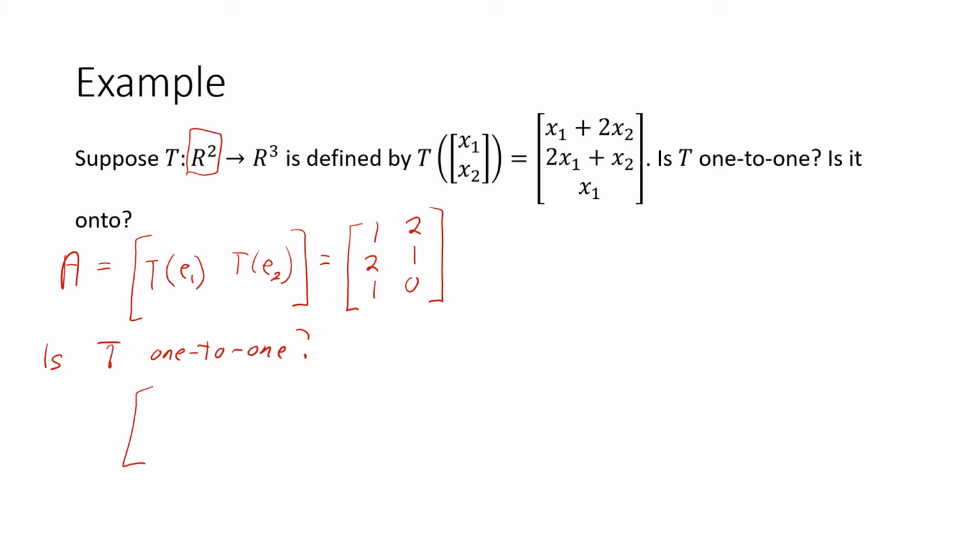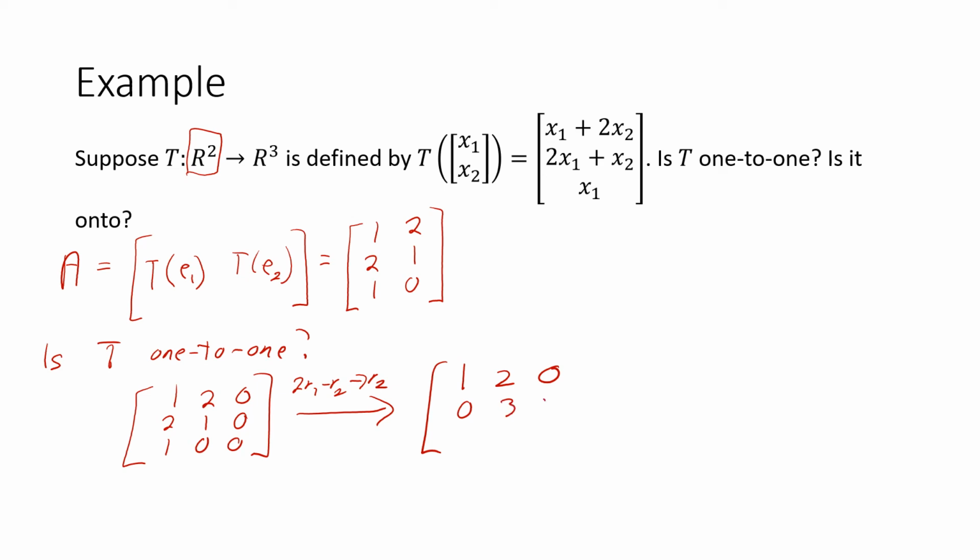In other words, I'm saying, can I combine these columns to get 0 without using all zeros? Row reduce. So I take 2 row 1 minus row 2 is my new row 2: 1, 2, 0, 0, 3, 0.